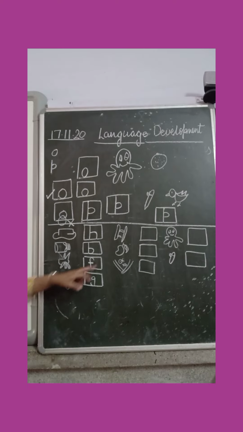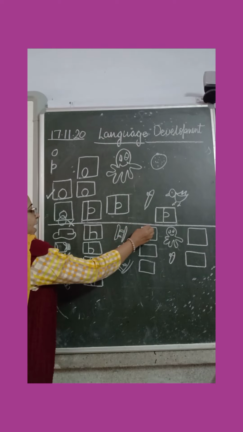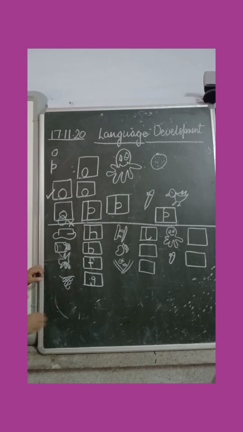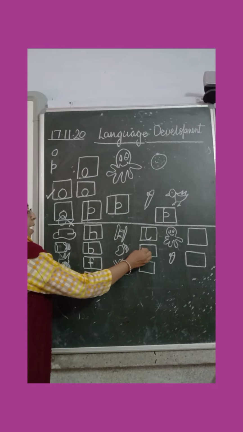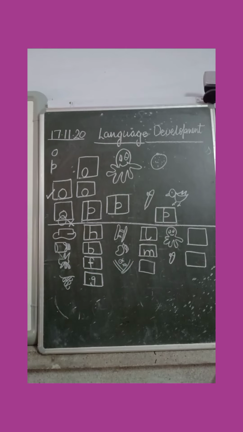Grapes. Right? Then ladder. Ladder. Okay? Then mango. You all know how to write small letters now.